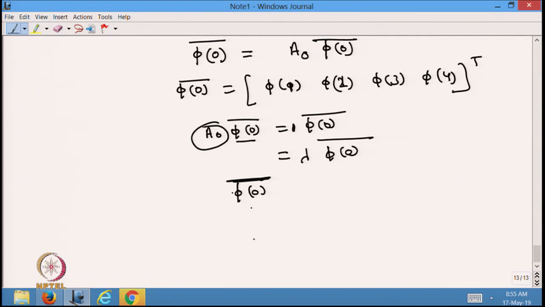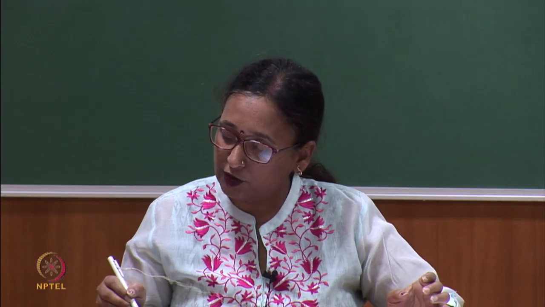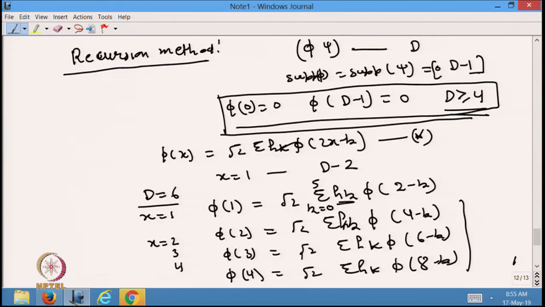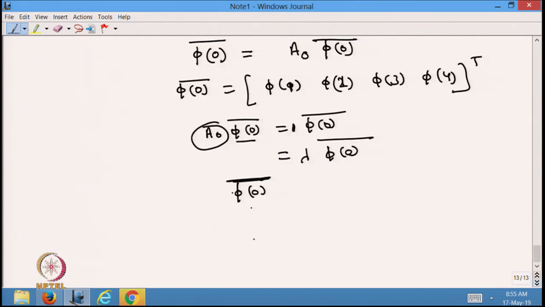and what are the entries in the matrix A naught? A naught is a matrix which contains the low pass filter coefficients. Okay.